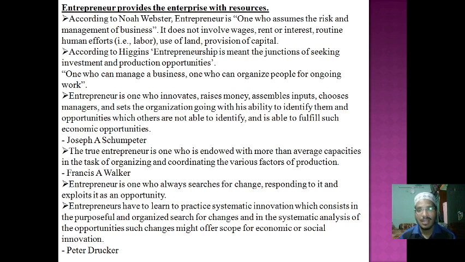We are thinking here about assembling input, how the inputs are coming and how much we spend on input charges, as per our proper channel of choosing management, setting up the organization, and our ability: how much opportunity we will take and how we will fulfill the economic opportunity for human comfort.